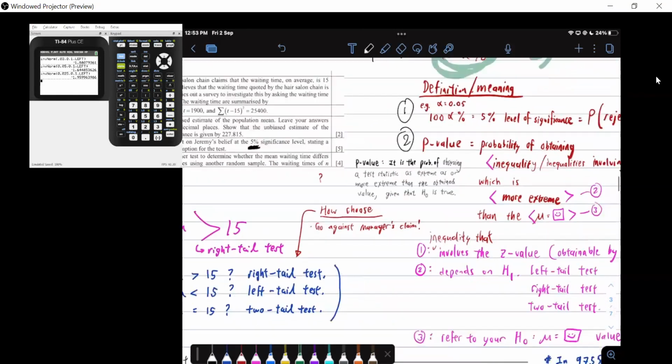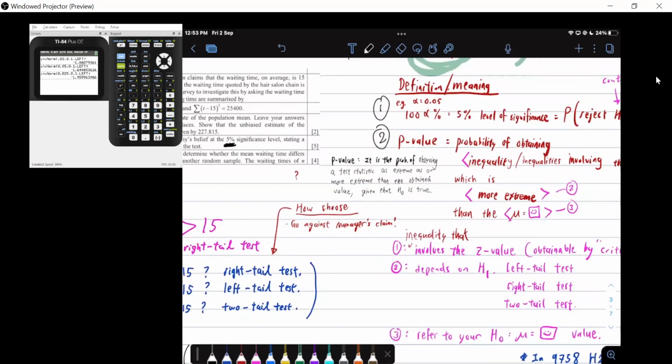As extreme as the obtained value, or more extreme than the obtained value, given that H naught is true. So using that, I think it makes sense for their interpretation.